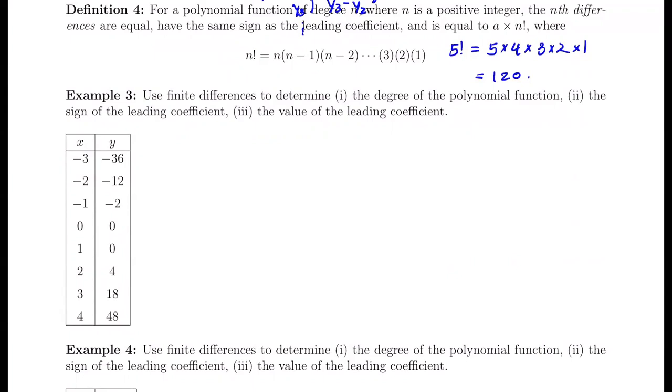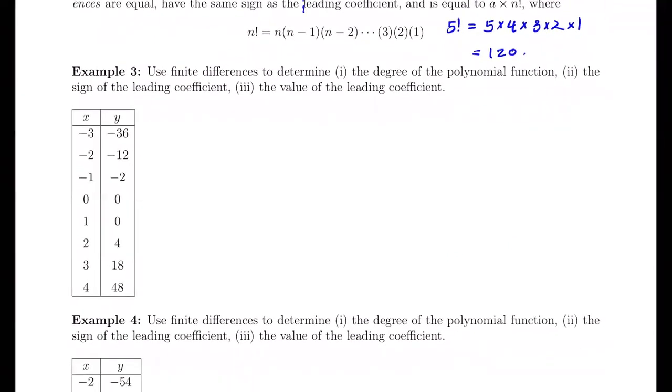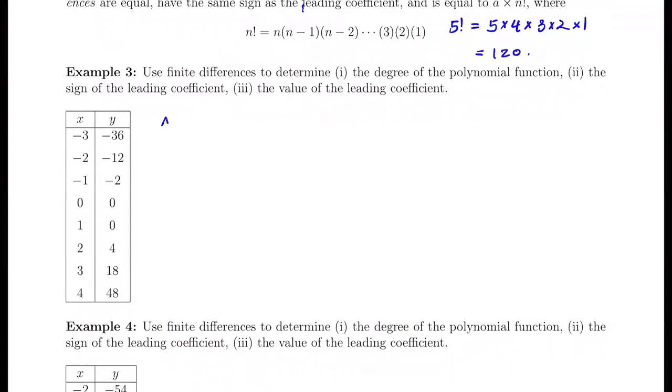Okay, so let's use finite differences. We're going to calculate the next value minus the previous value. So that's going to be negative 12 minus negative 36, which is going to equal 24. And then once we have that, we can start with the next row. This time we'll work with negative 2 and negative 12. So it's negative 2 minus negative 12, which is going to be 10.